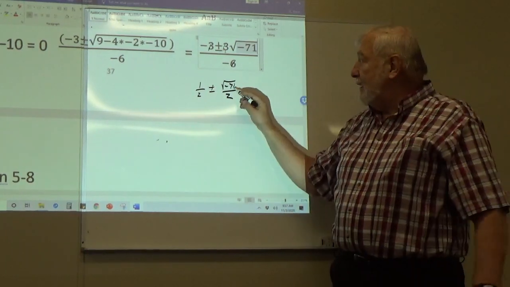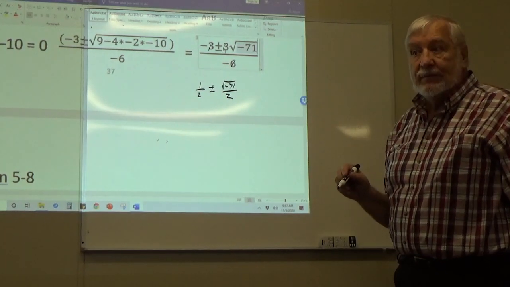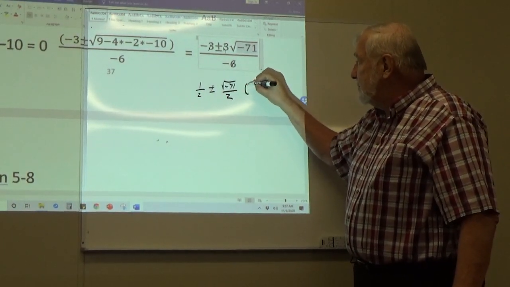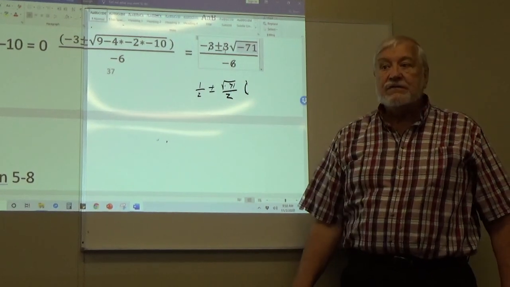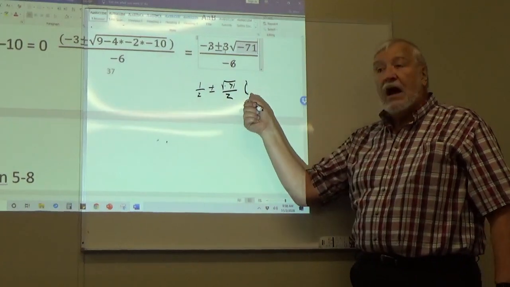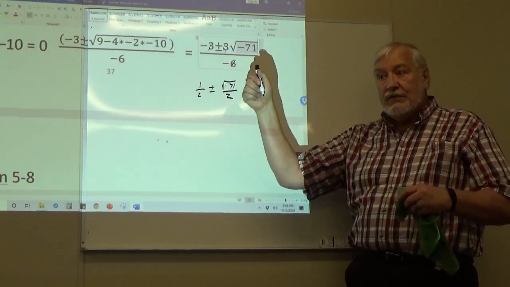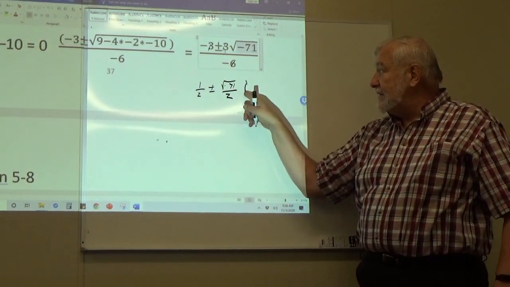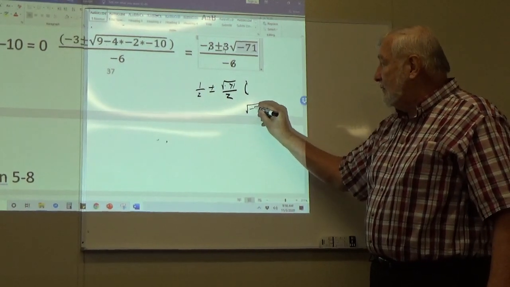Now, what is the correct form for the square root of negative 71? It is square root of 71 over 2i. You just take the square root of negative 1 and you separate it out, so the 71 stays there, and this is the same as the square root of negative 1.